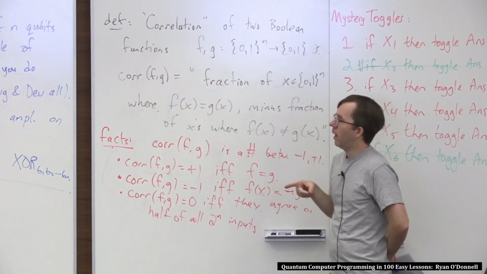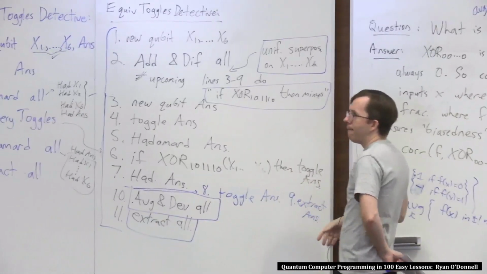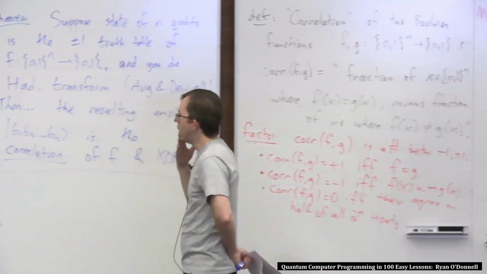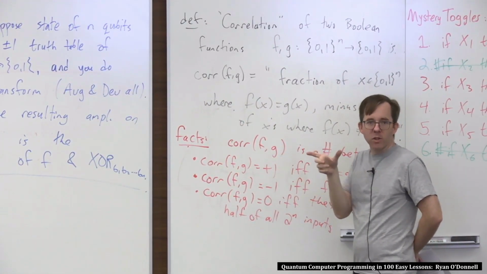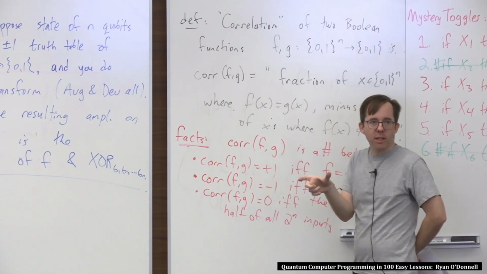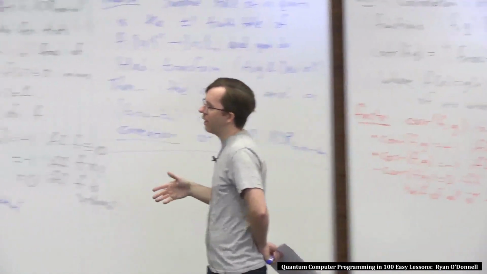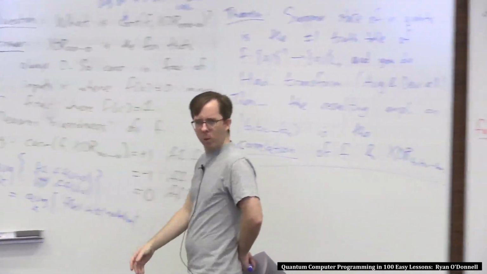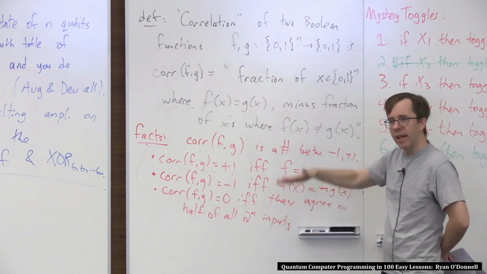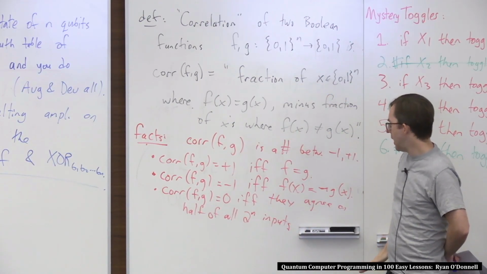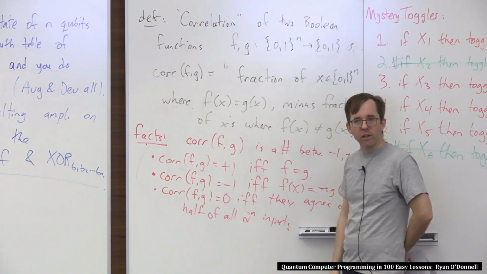But evidently, based on our experiments back in lecture 1, the correlation of XOR sub string b with XOR sub string c for some other string c is 0, because this thing never printed out anything other than b. So you might wonder, why is it true that if you have the truth table for some masked XOR function and a truth table for some other masked XOR function, their correlation is 0, that they agree in exactly half of all bit strings?